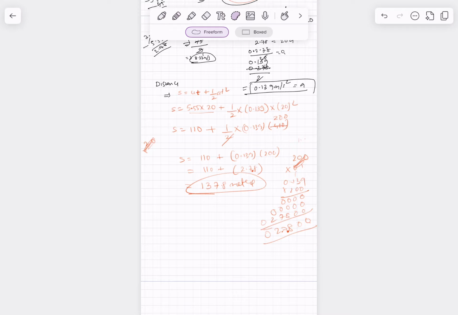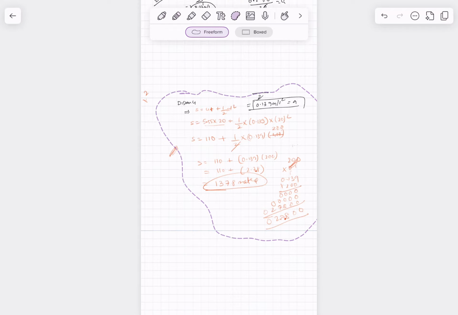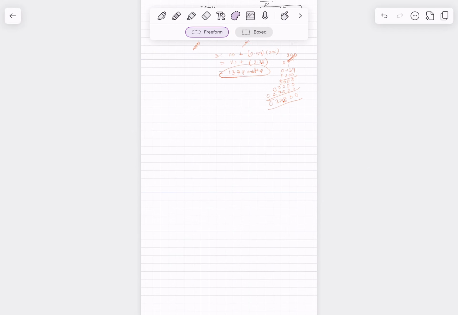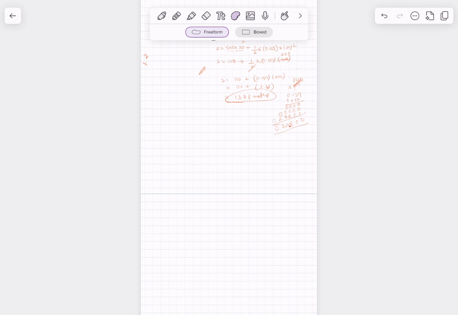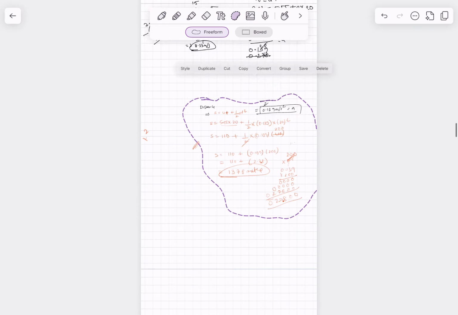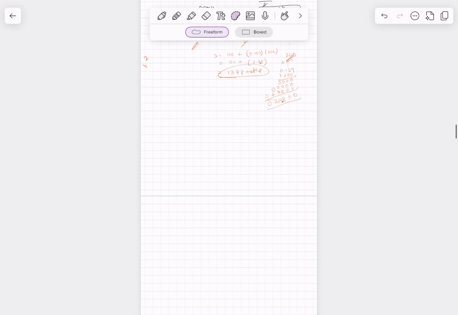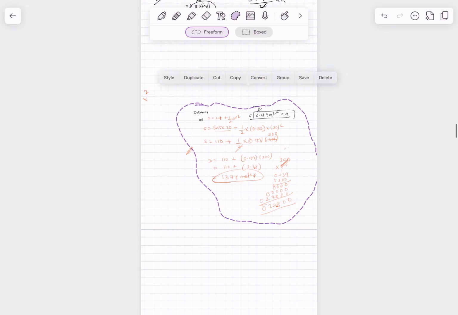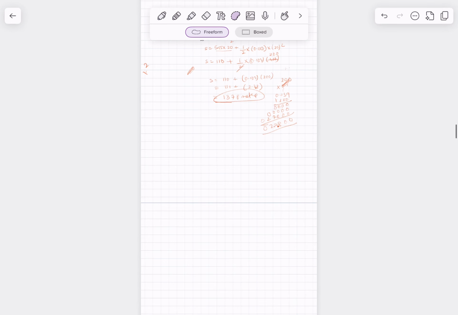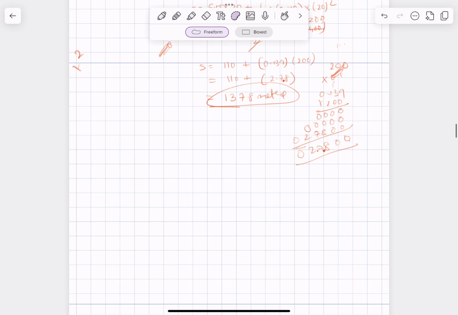Sir, my answer is 139 meters. Yeah, a little bit of calculation difference is fine, it's not a big problem. It can be so if we did some rounding off.